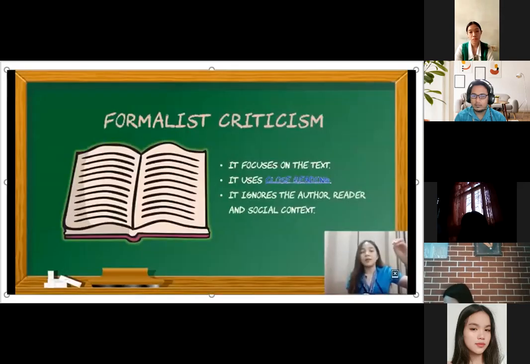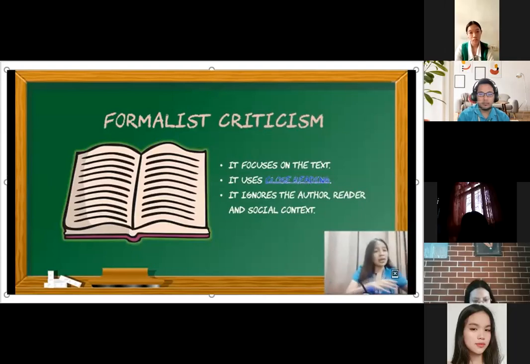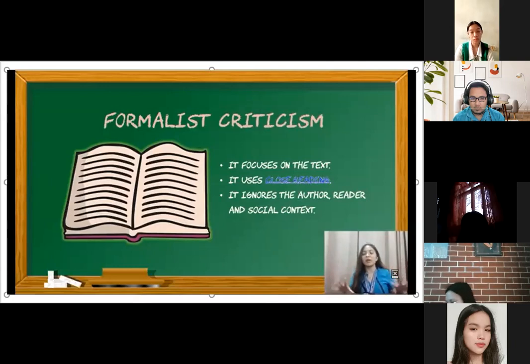Sana all. Now it ignores the author. No one cares about Shakespeare. The reader and the social context, the author's opinion, the reader's opinion, the social background of the text does not matter. All we care about is the text itself.